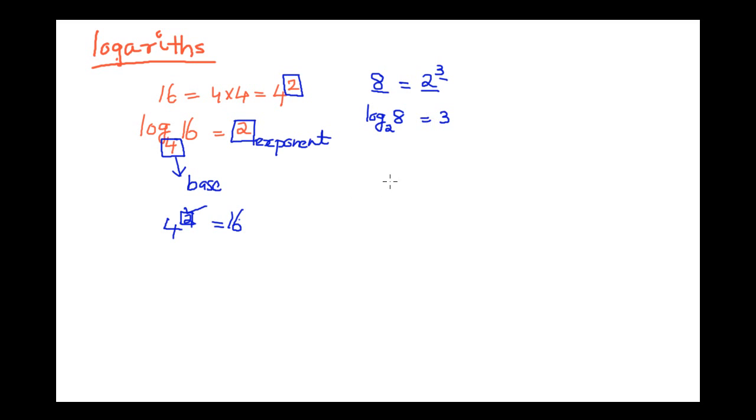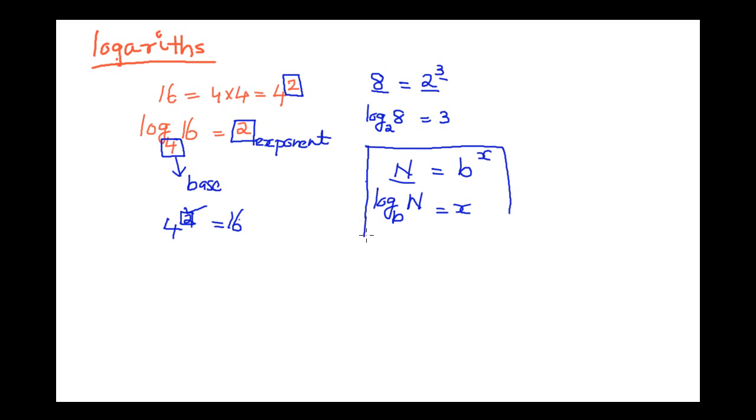In general, suppose there is a number n equal to b raised to x, then log n to the base b equals x. So this is the definition of logarithm.